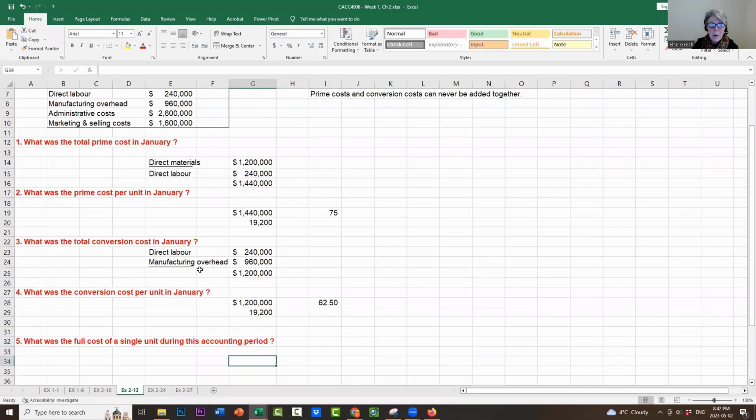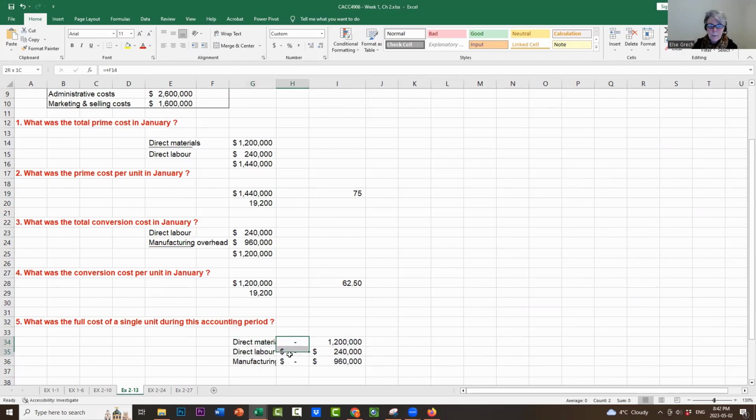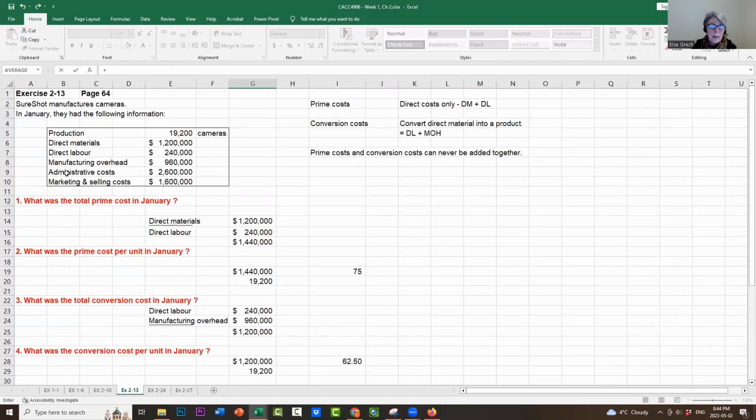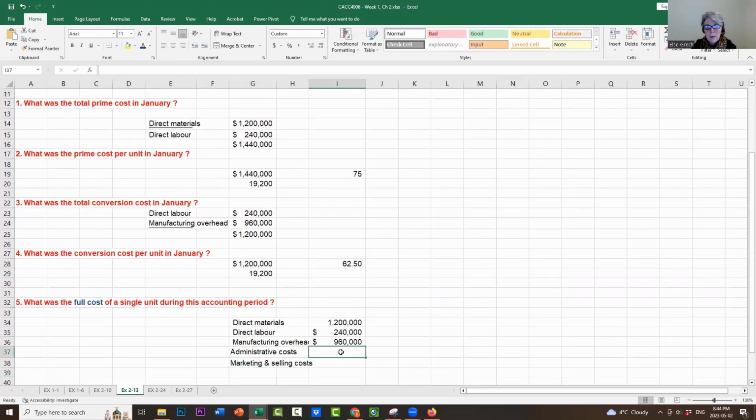What is the full cost of a single unit during this accounting period? Well, this time we want the direct materials, direct labor, and manufacturing overhead. So I'm going to take these costs. Let's assume the full cost is the cost also of the administrative costs and the marketing and selling costs.